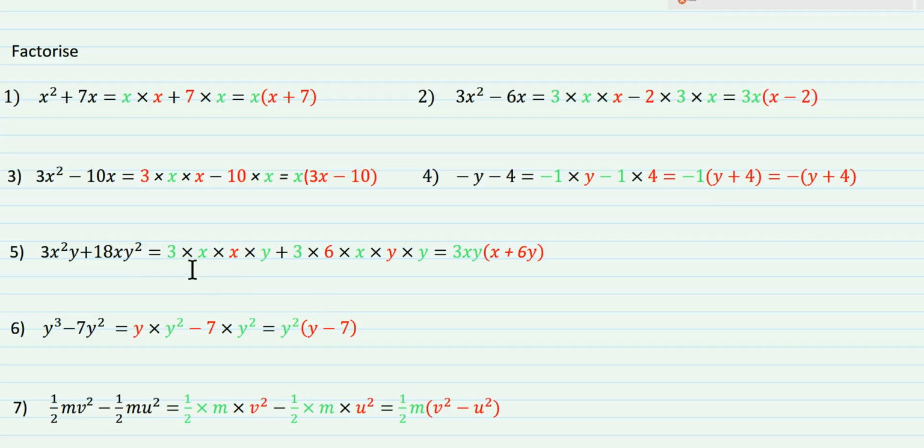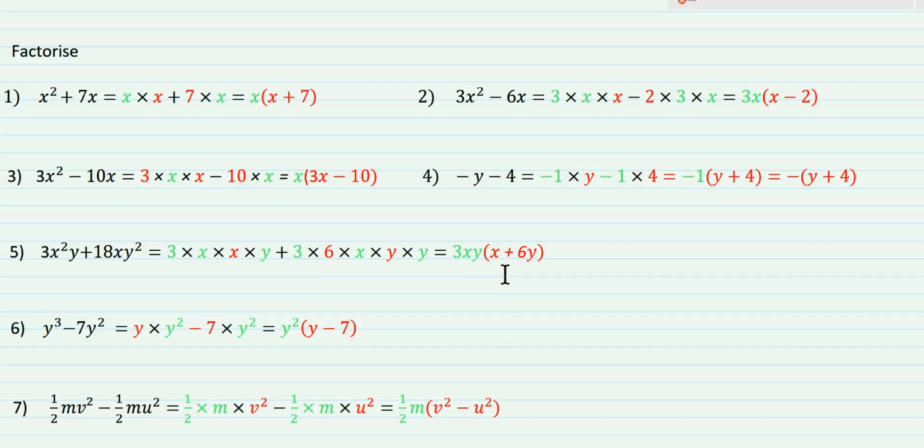Now you look to see what's common in this and in this. So 3 is common, so you put the 3 in front. x is common, you put the x in front, and y is common, green y. So it's 3xy, because 3xy is in this term and in this term, so put it outside.